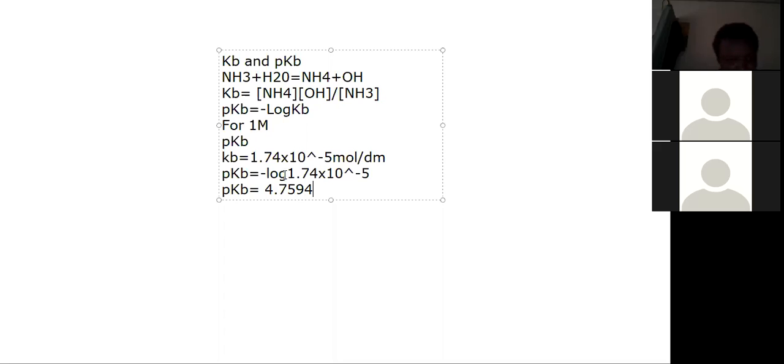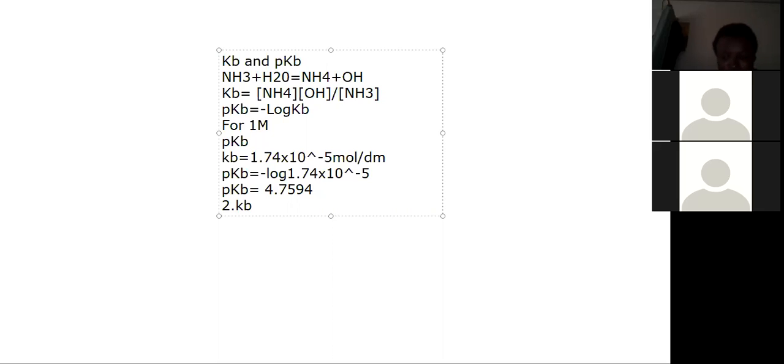Now, question 2 states that we should find the hydroxide ion concentration. And so it's simply the same thing.